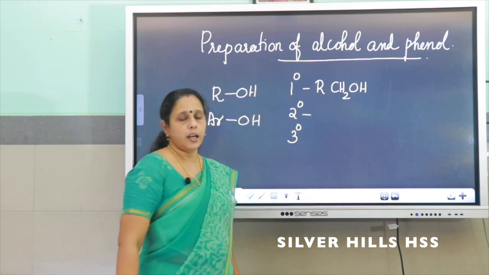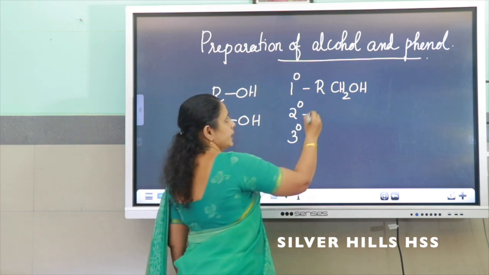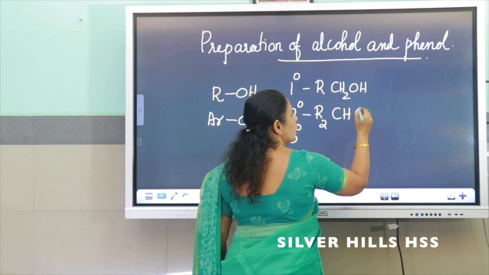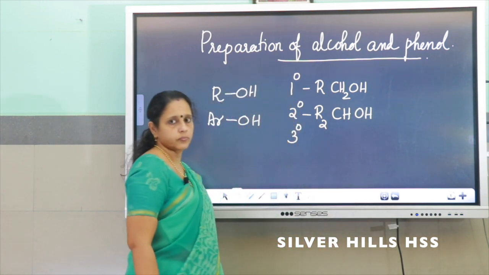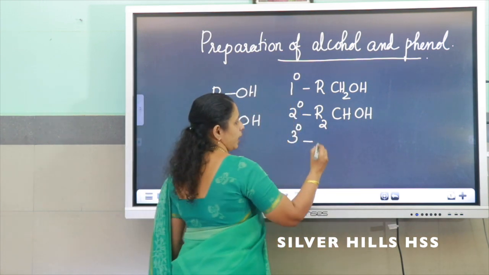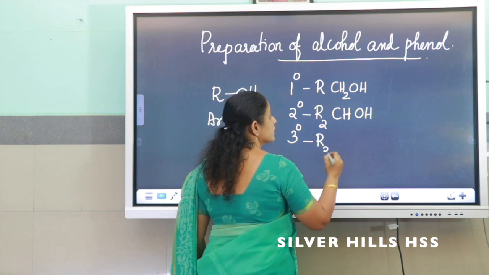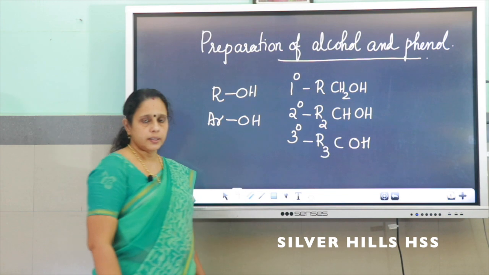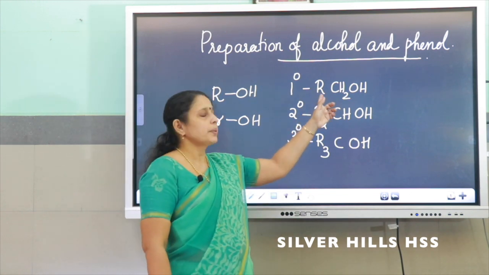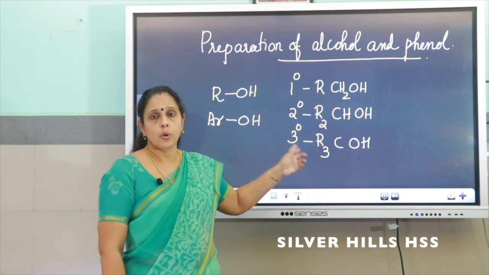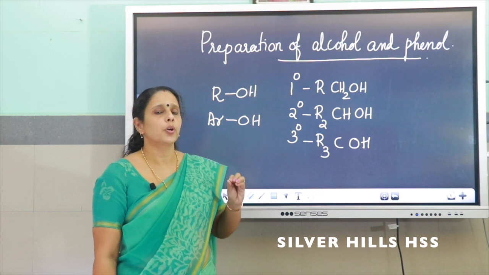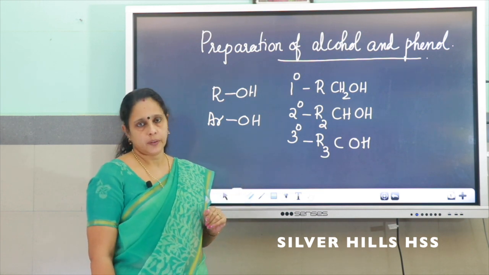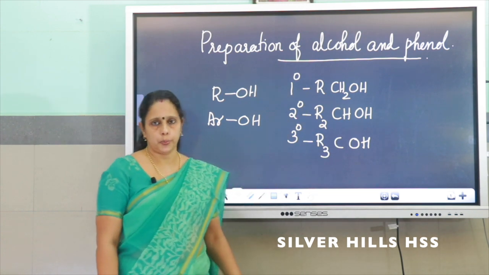For secondary alcohol, the general formula is R2CHOH. For tertiary alcohol, it is R3COH. That is, primary, secondary and tertiary alcohol differ in the number of alkyl groups attached to the carbon atom. R is the alkyl group.